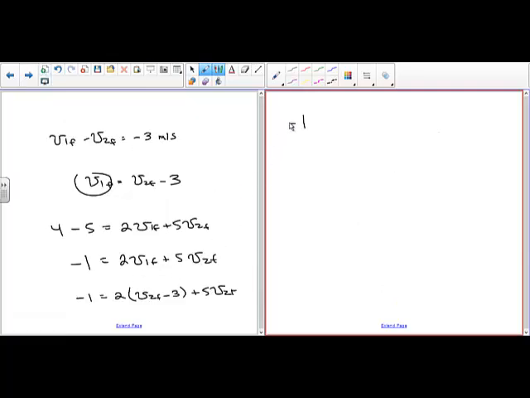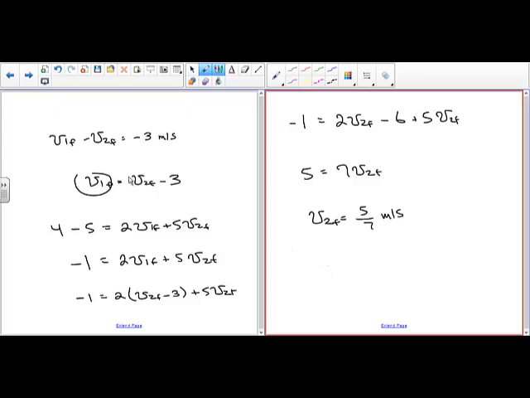And if we multiply everything out, we'll get negative 1 is equal to 2 V2 final minus 6. So 2 times negative 3 is negative 6. Plus 5 V2 final. And if we add 6 to both sides, we'll get 5 is equal to 7 V2 final. 5 plus 2 is 7, and then you can divide both sides by 7. So you get V2 final is 5/7 meters per second.